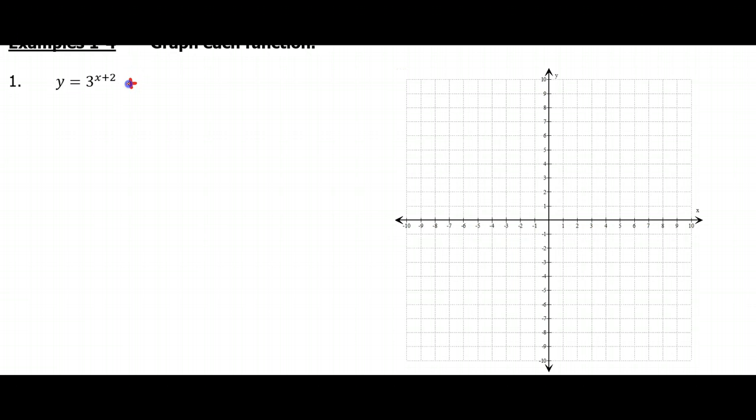I have an invisible +0 on the end of my equation, and so that means I have a horizontal asymptote at y equals 0. That's the first thing I'm going to draw into my graph: the imaginary horizontal line y equals 0, which is just the x-axis. That's going to be sort of like a boundary line for my graph.